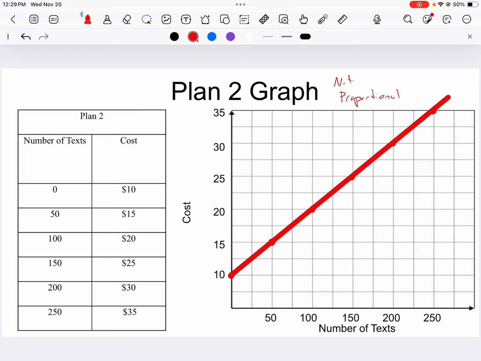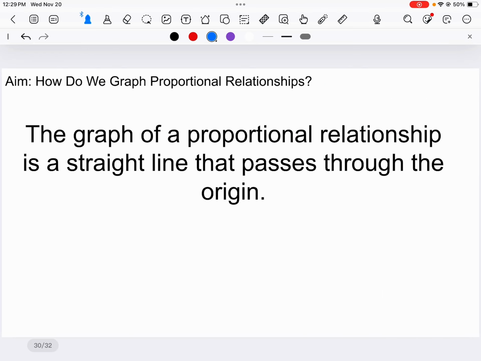When I look at this graph, it is still a straight line, but this graph does not start at the origin. So a proportional graph is a straight line that passes through the origin, meaning 0, 0.